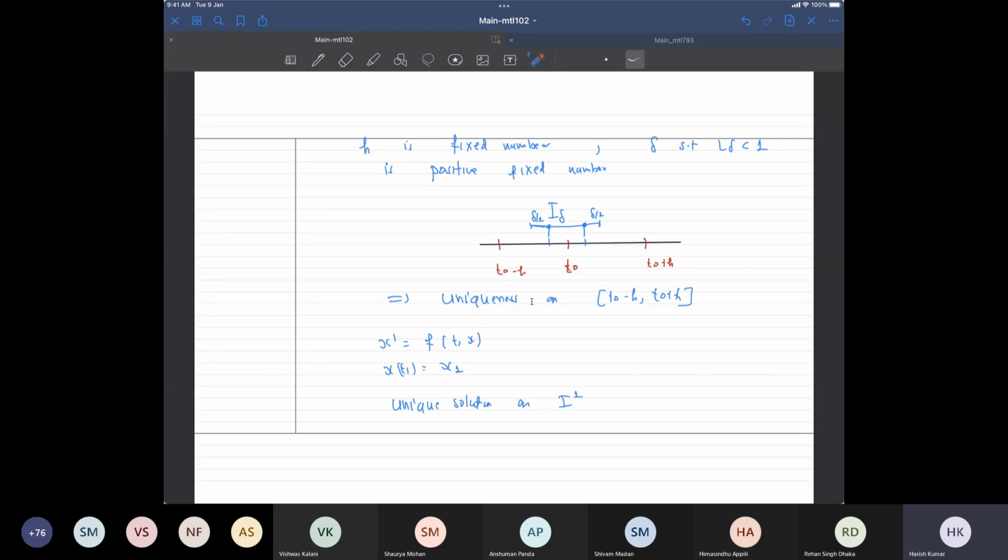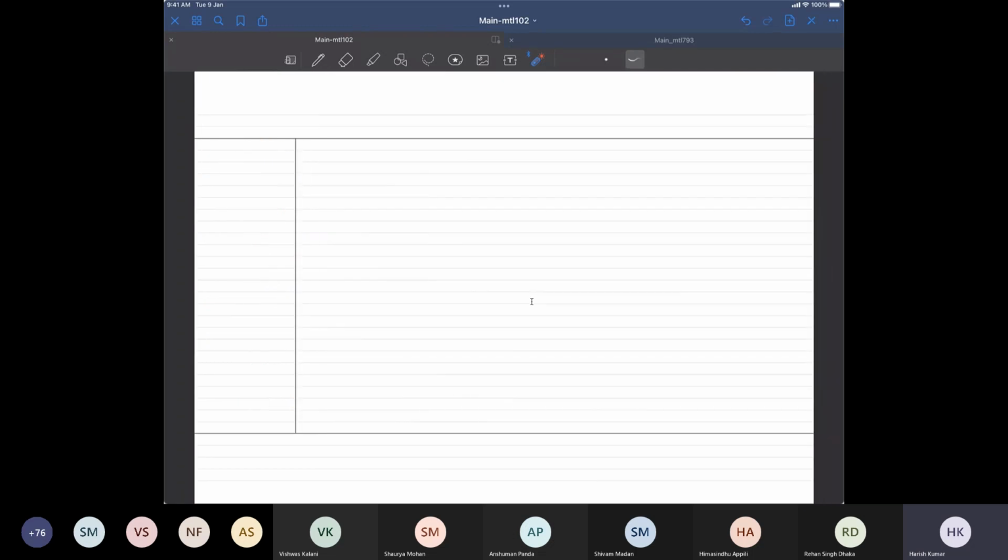Okay. So far, whatever results we have discussed are local in nature. What do you mean by local in nature? They were local uniqueness and existence results. I should write existence first.